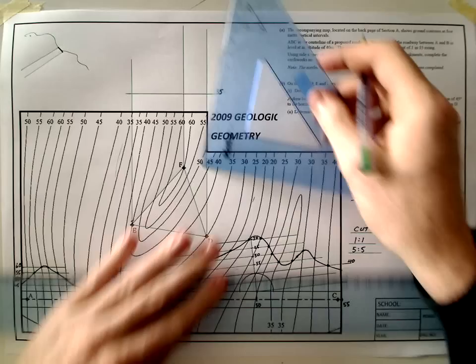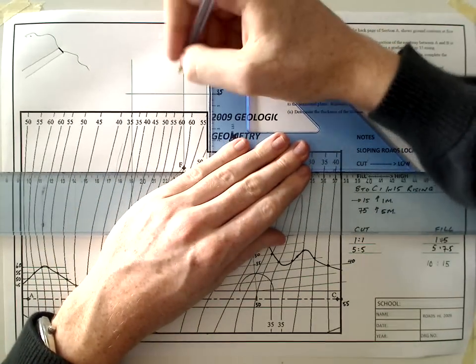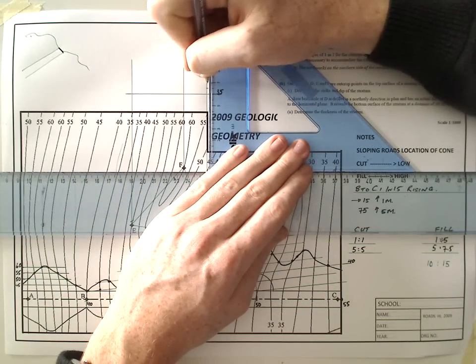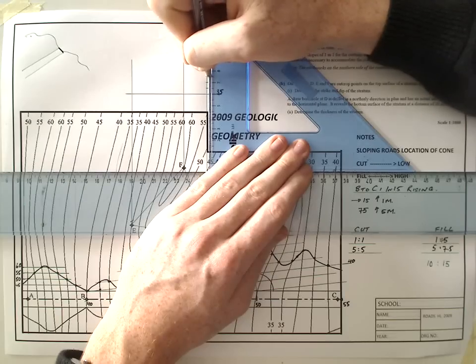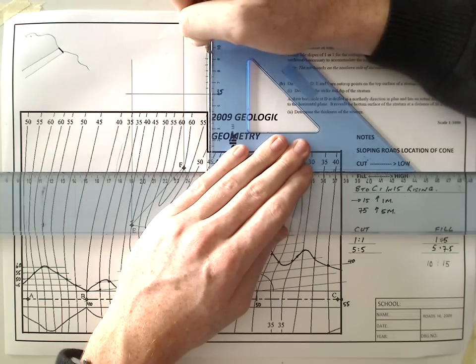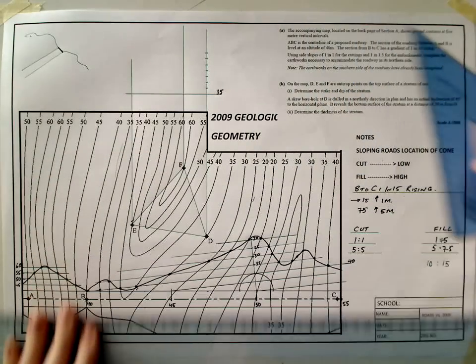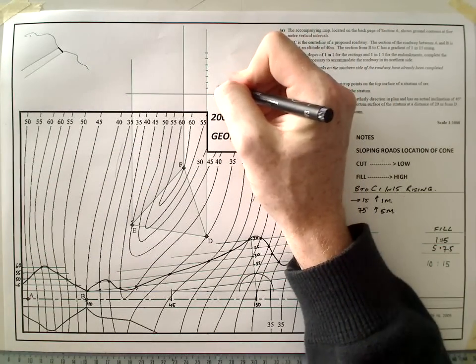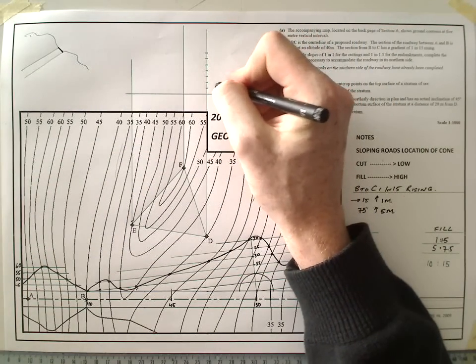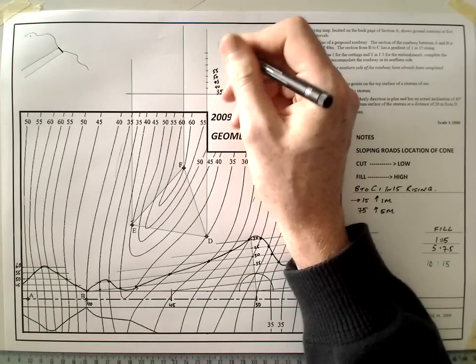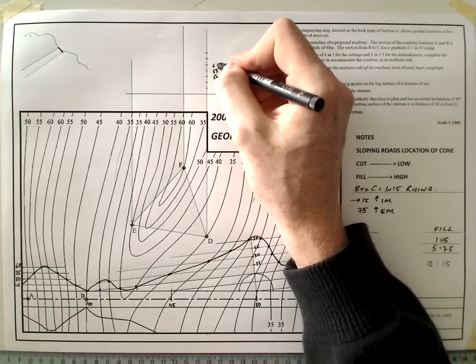And I'm going to mark off a series of 5s. So that's going to leave me with 35, 40, 45, 50, 55, 60, and 65, and 70.